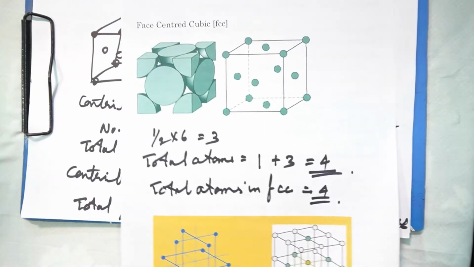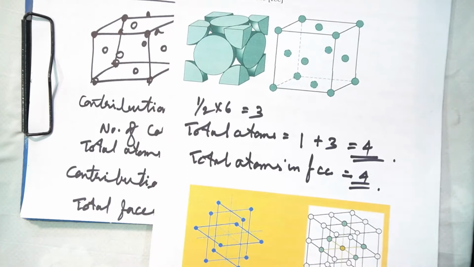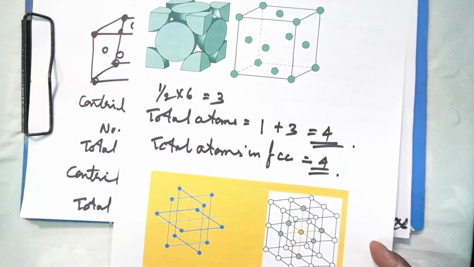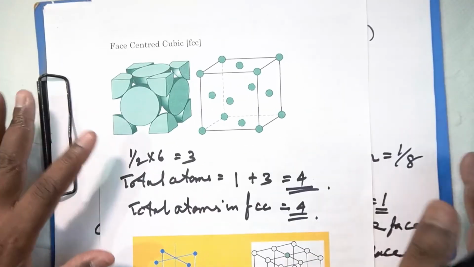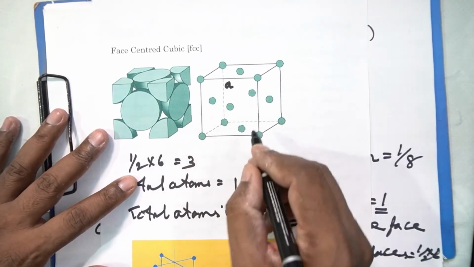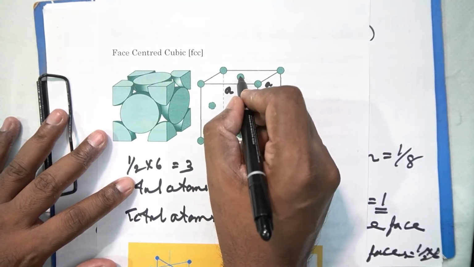The next is the coordination number. And also, how do we find the interatomic distance? Each edge here is A. Here is the atom at the center of the face.